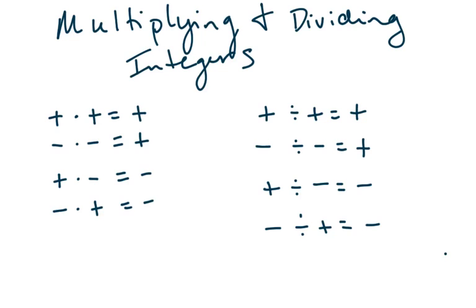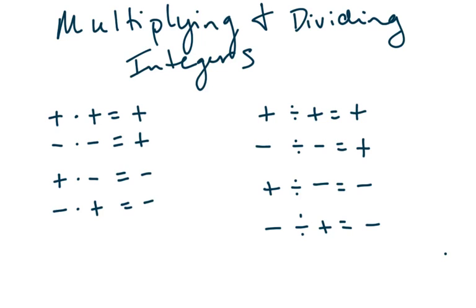So pause and do that for me. You're going to write multiplying and dividing integers, and write this set of rules out for multiplication and this set of rules out for division, and remember that they're exactly the same. I just wrote them out once with multiplication and once with division.